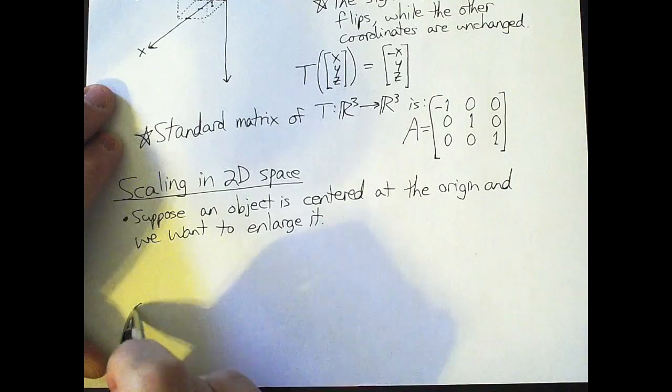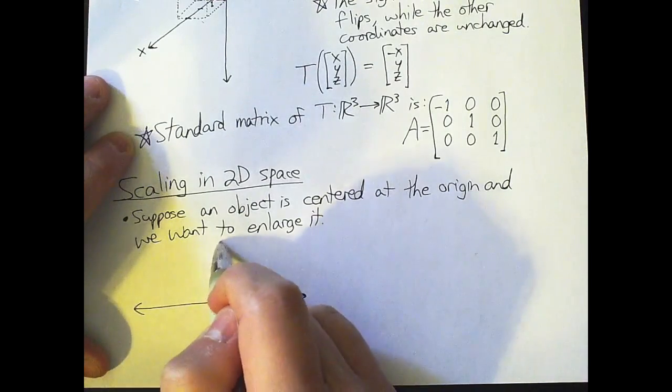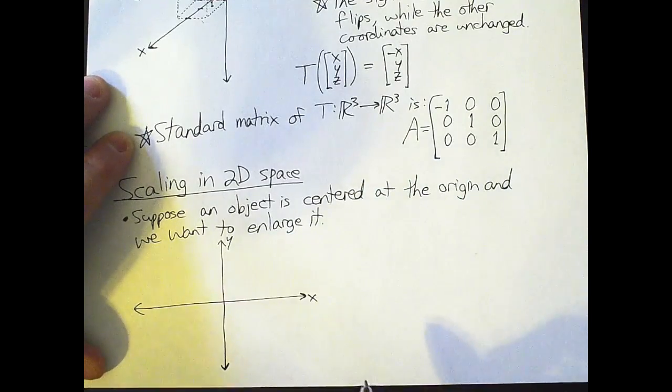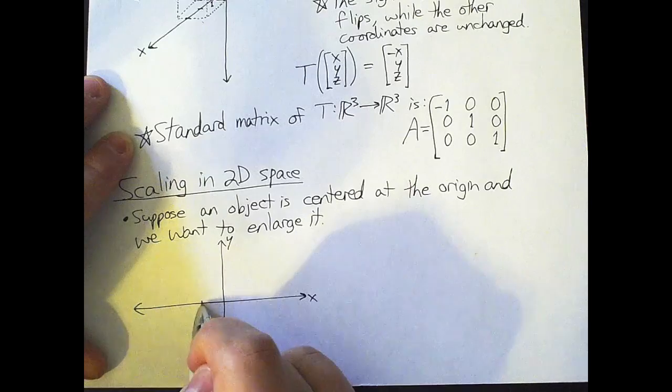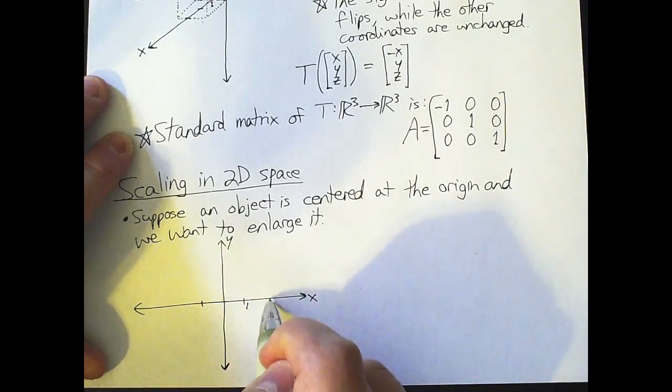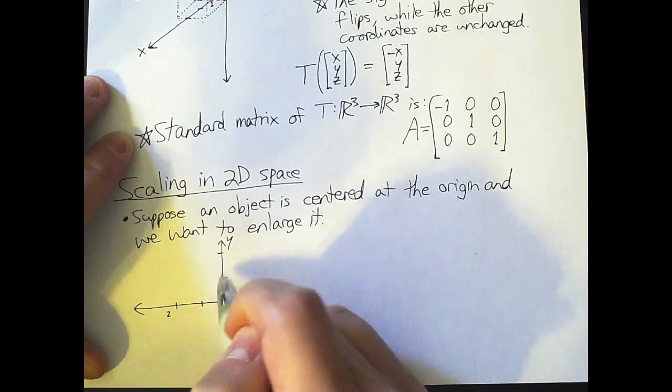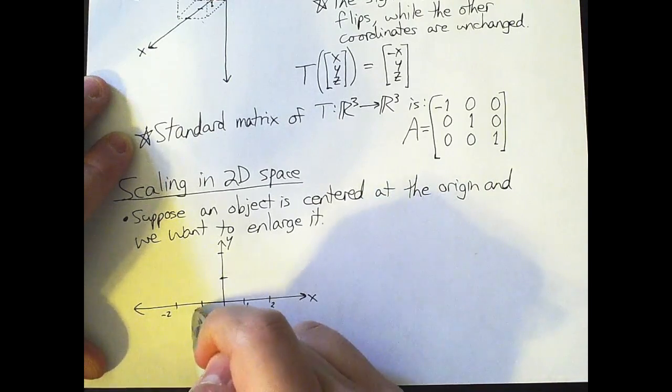I'll draw a quick picture of this. In the two-dimensional case, we have the XY plane. Let's draw just a box. You know, that's kind of what I did originally. I think I wrote a box with the letter P in it, so maybe we do that again.